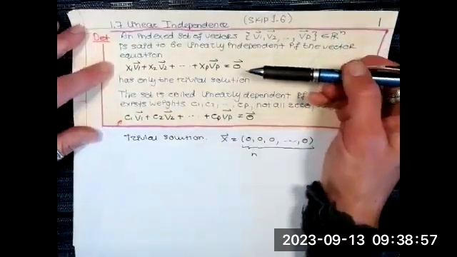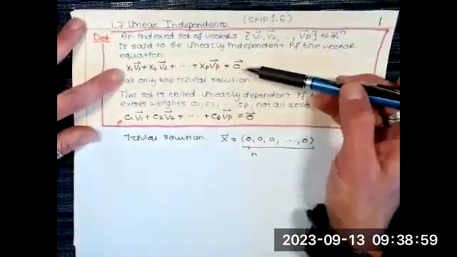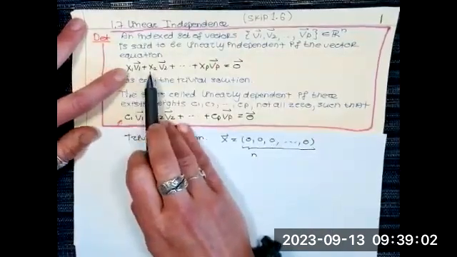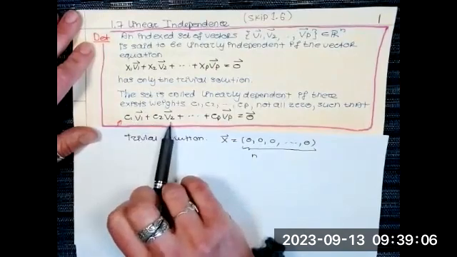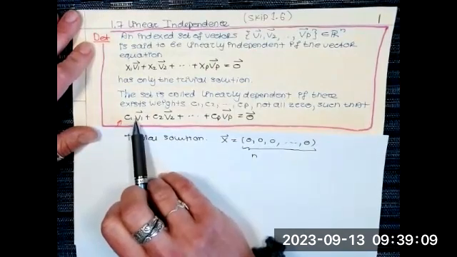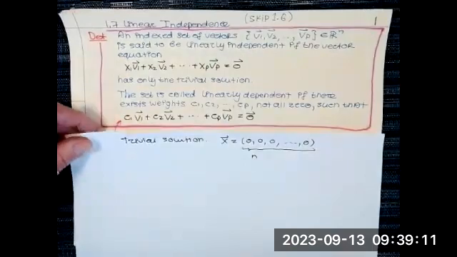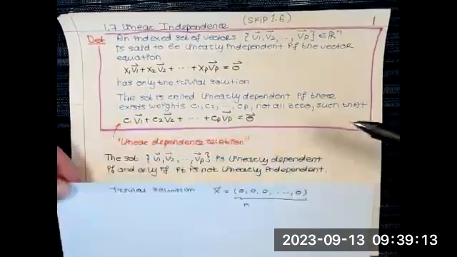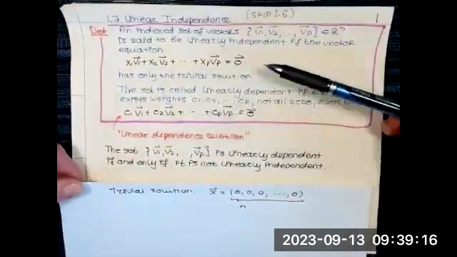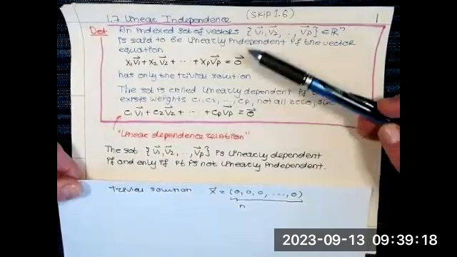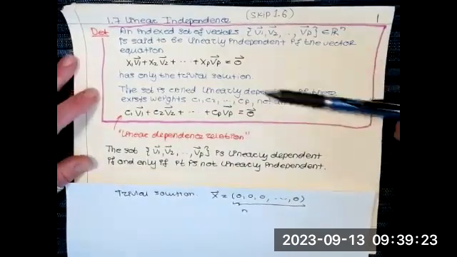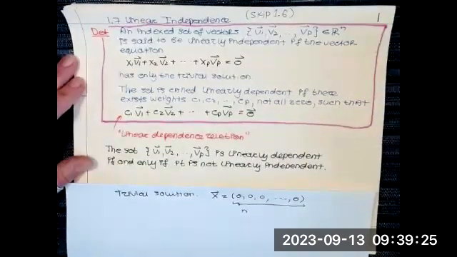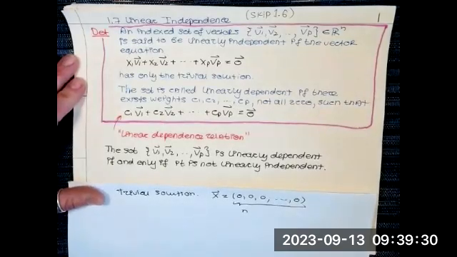Basically, the difference is that for linear independence, if I'm taking this linear combination, I must have all of my constants equal to 0. But if some of those constants are not 0, then we say the set of vectors is linearly dependent. We'll do a lot of examples to understand why we need linear independence and exactly what this concept is. But this is our basic definition of what it means for a set of vectors to be linearly independent and what it means to be linearly dependent.